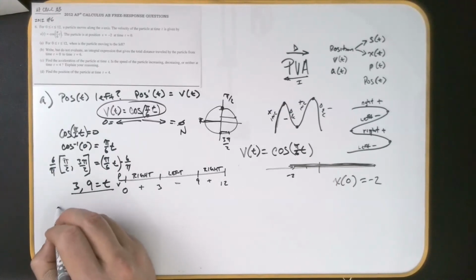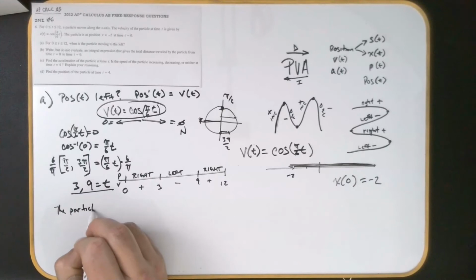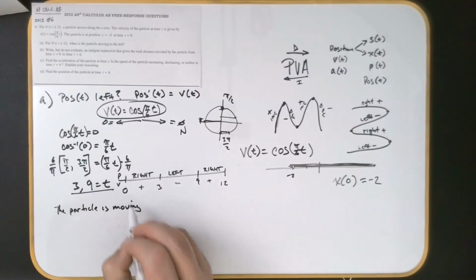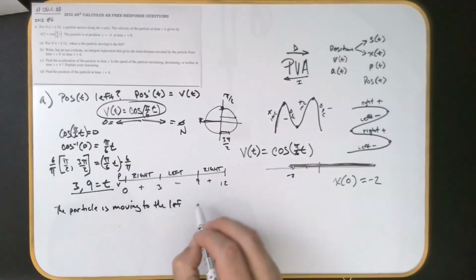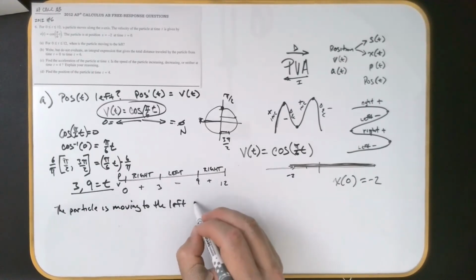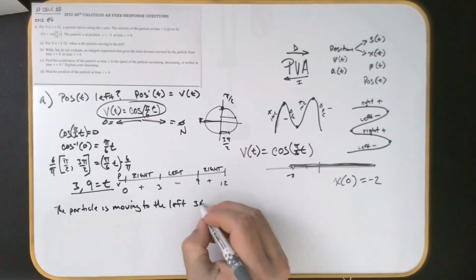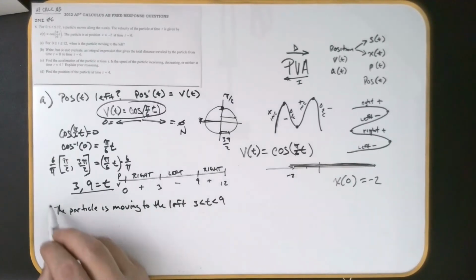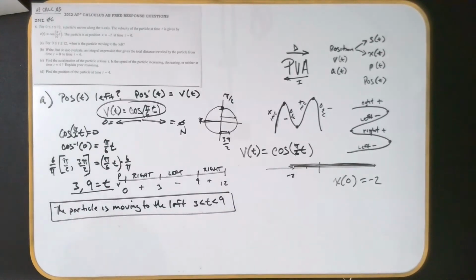So I'm going to state here on the bottom, the particle is moving to the left for 3 less than t less than 9. And I've answered the question.